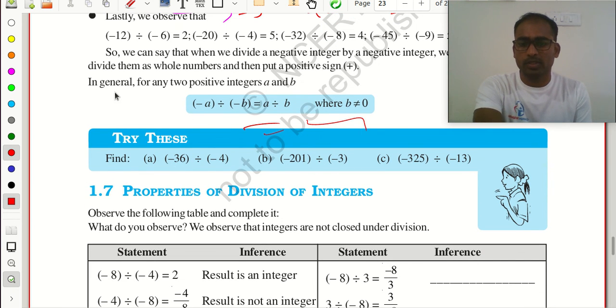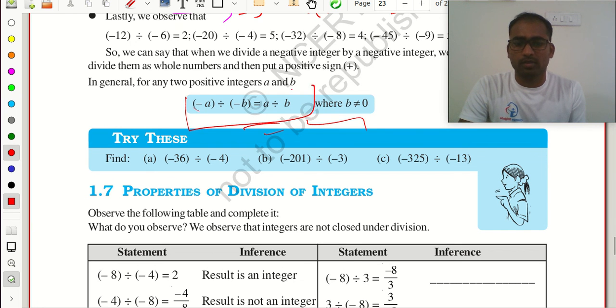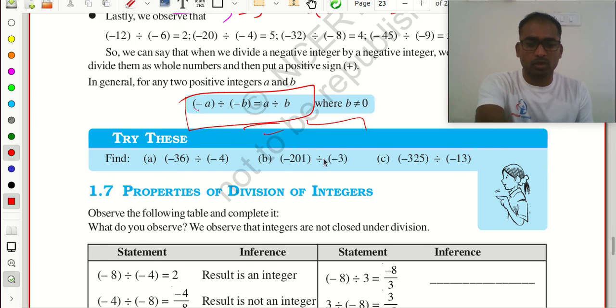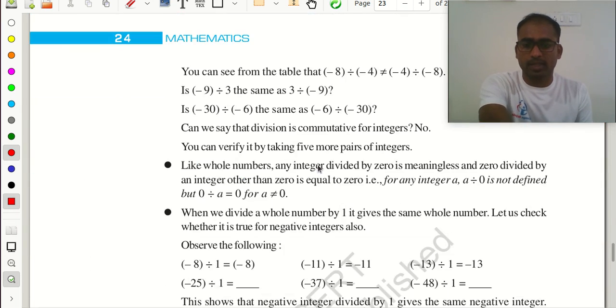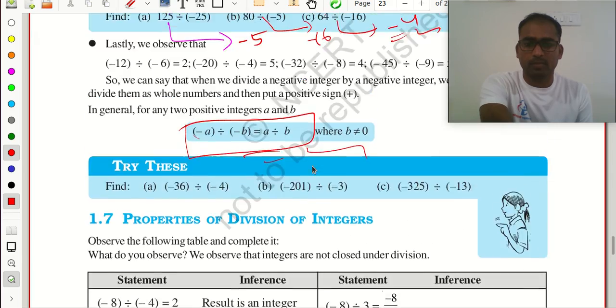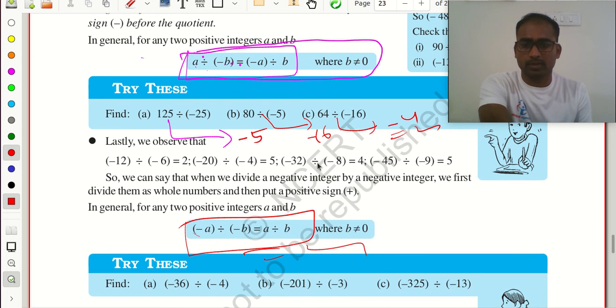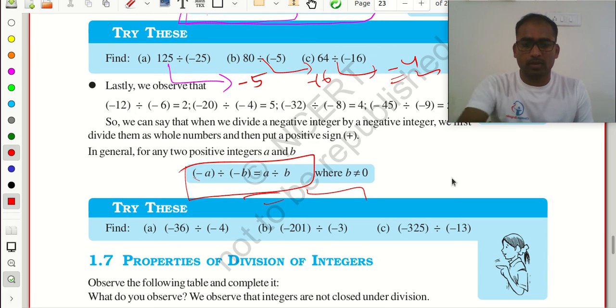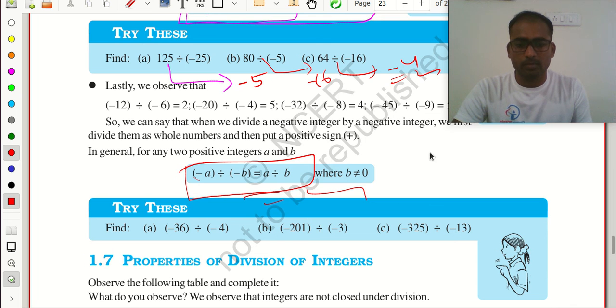Okay. Suppose I divide two negative integers. It will be a positive integer only. Yes. See here. So that logic we will discuss here.